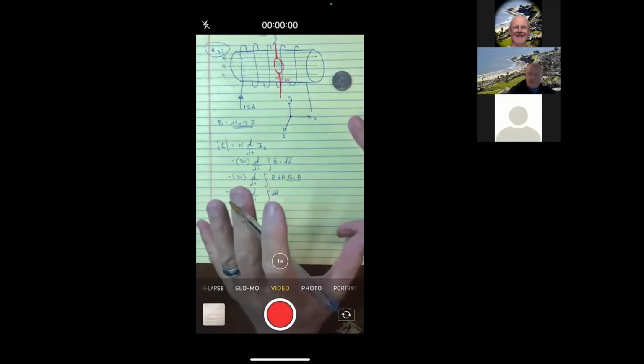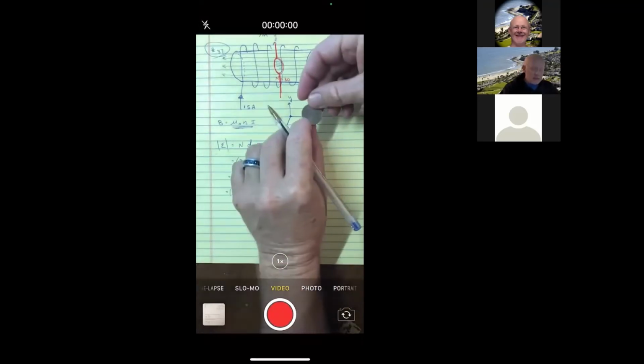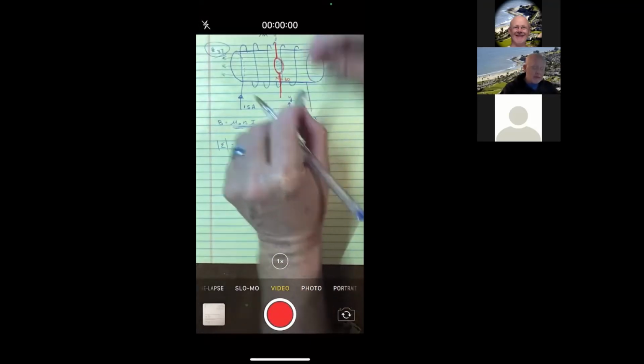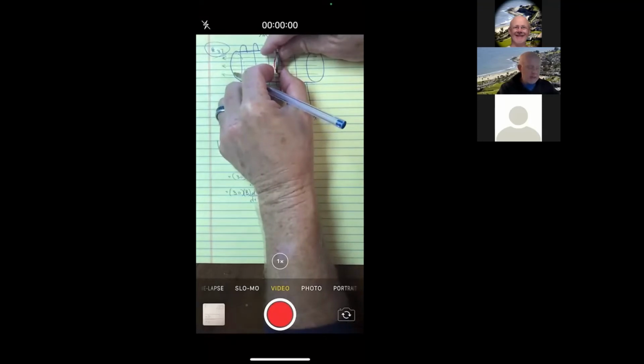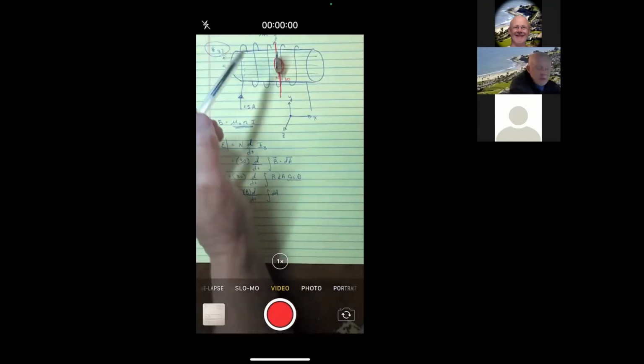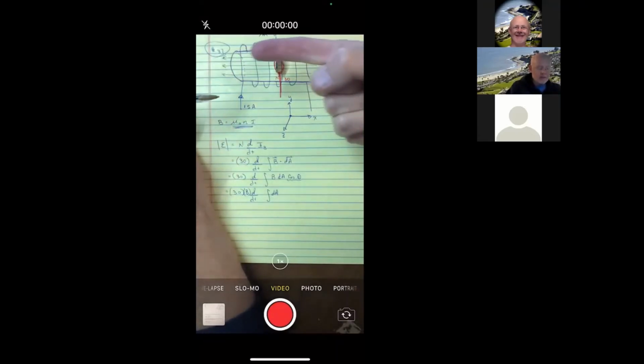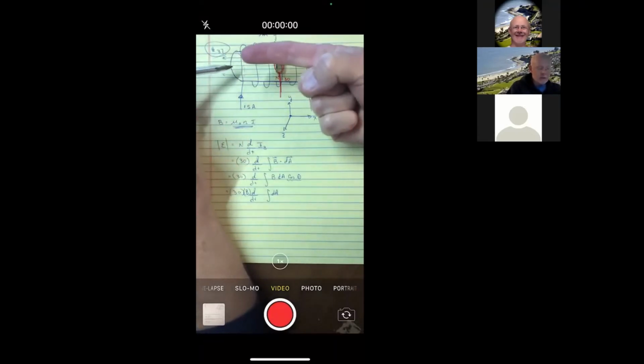Now, let's see if that made any sense. Let's take just a moment in time. Let's say time 0. Time 0, we said it looked like this. And if you were to look here sideways at every little piece of area that makes up this coil, the area vector would be in the same direction.